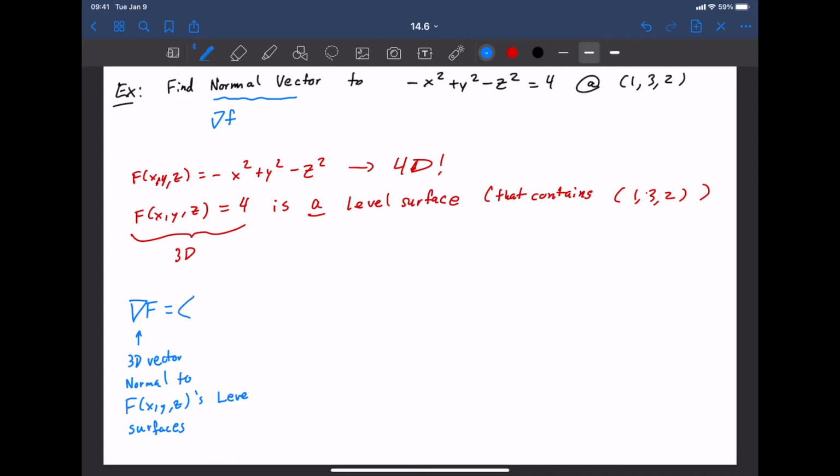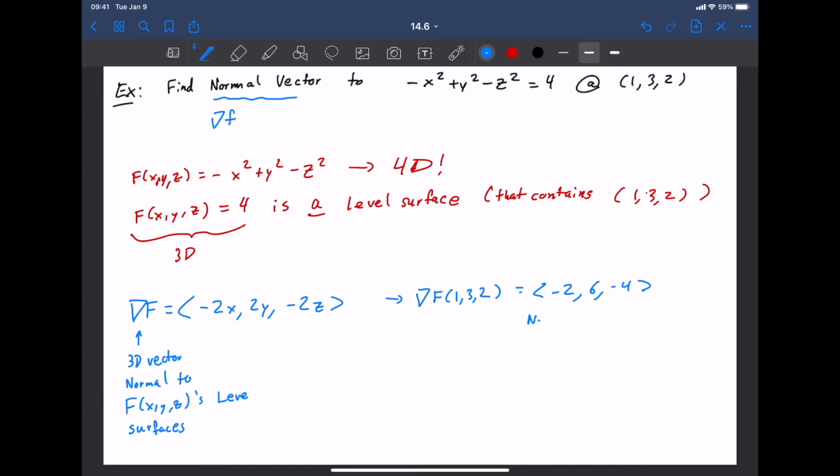What do you get when you do the normal vector here? Differentiate x, differentiate y, differentiate z. Getting negative 2x, positive 2y, negative 2z. Okay? And therefore, if I take this gradient and plug in (1, 3, 2), I get negative 2, 6, negative 4.